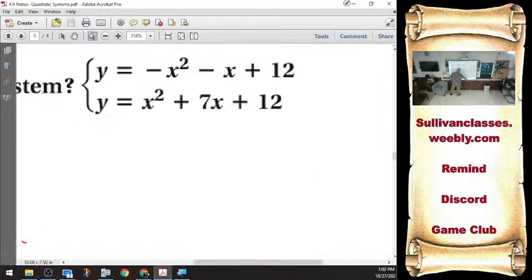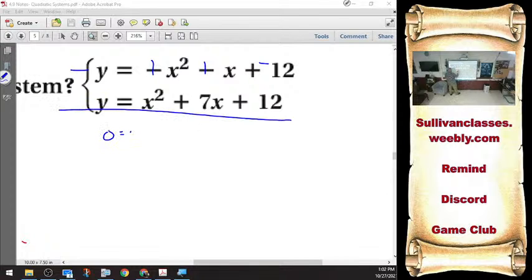So I do this and get 0 is 2x squared plus 8x. How do I factor that? Even better. You see how there isn't a constant term right now? The first stop on the factor train is to look for a GCF.